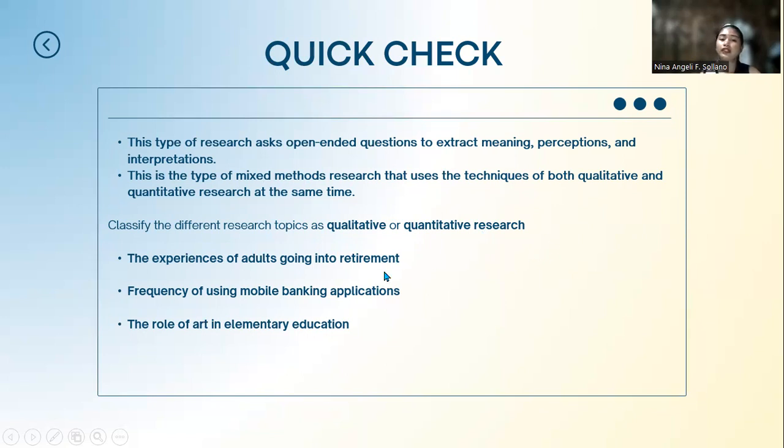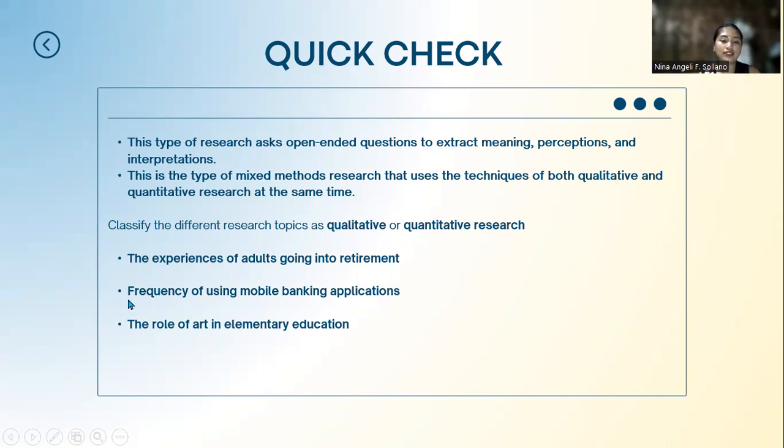So you're going to classify if the given topics could either be qualitative or quantitative research. Here, the experiences of adults going into retirement. This is qualitative, okay? So the keyword is the experiences. Next, frequency of using mobile banking applications, quanti or quali.